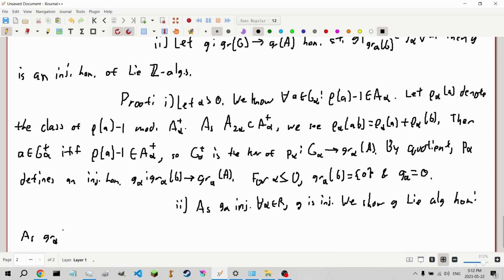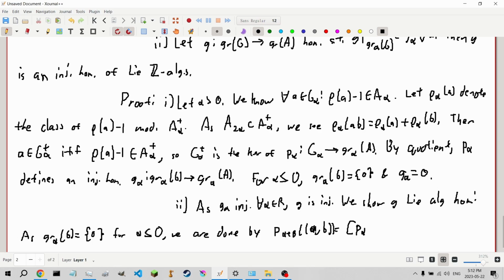As the alpha grade of G is 0 for alpha negative, we are done by P of alpha plus beta of the commutator of A and B being the Lie bracket of P alpha of A and P beta of B.